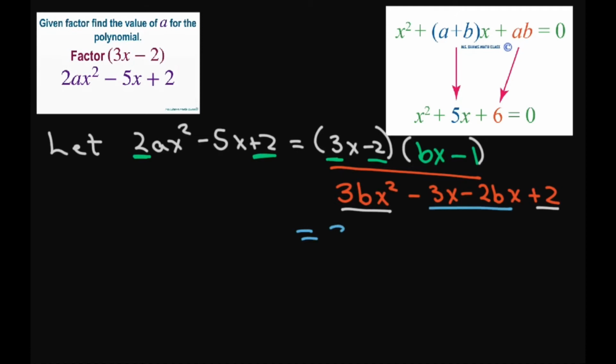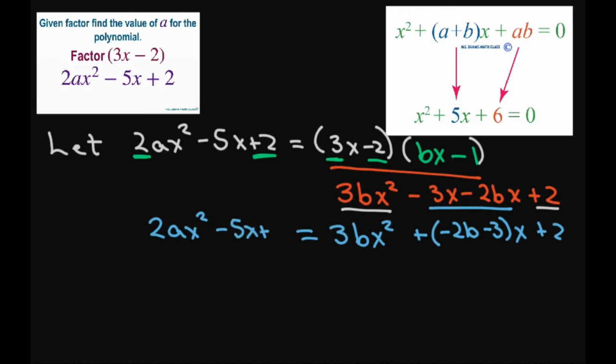So we're going to have 3bx squared plus negative 2b minus 3, with the x on the outside, and then plus 2. And this is going to equal 2ax squared minus 5x plus 2.